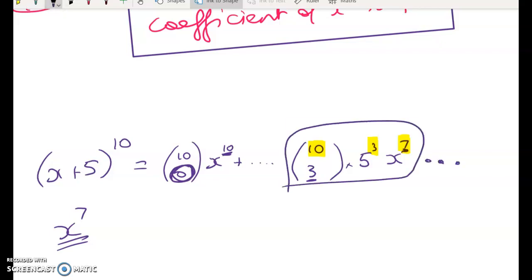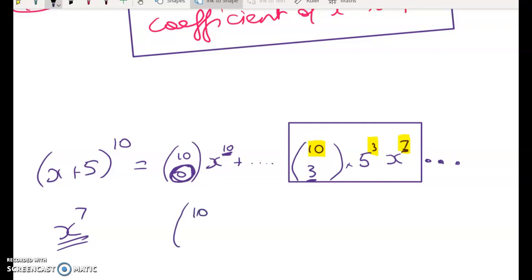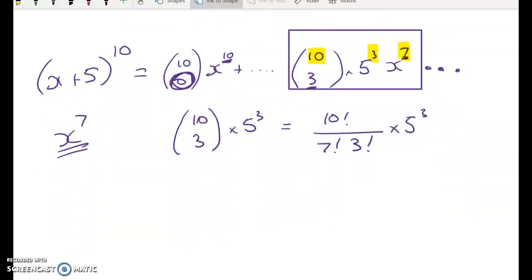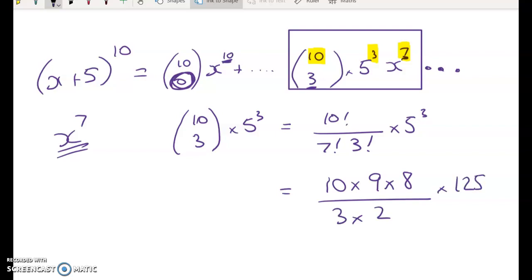So we have to evaluate this now. So 10 choose 3 times 5 cubed is equal to 10 factorial over 7 factorial, 3 factorial times 5 cubed. I'm going to simplify this by hand because for some strange reason I find that much more satisfying than using a calculator. 5 cubed is just 125.